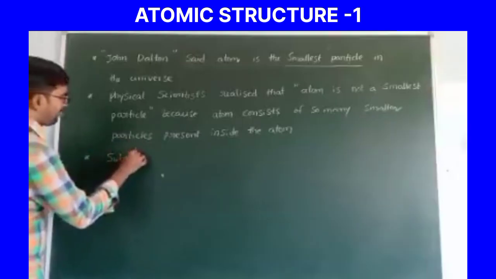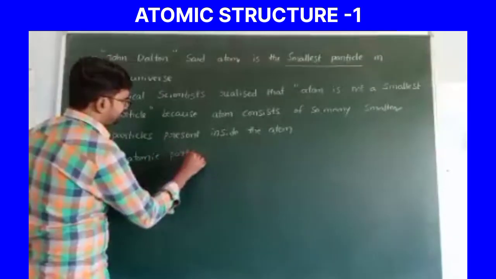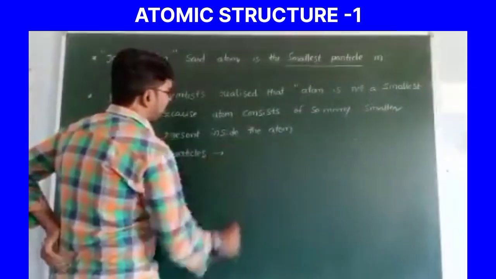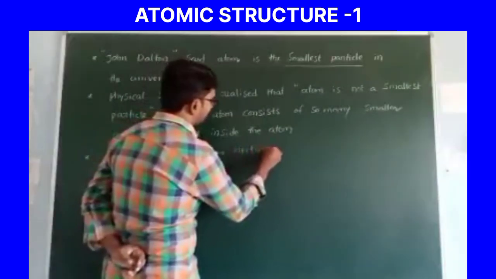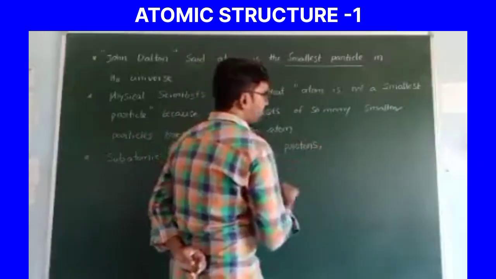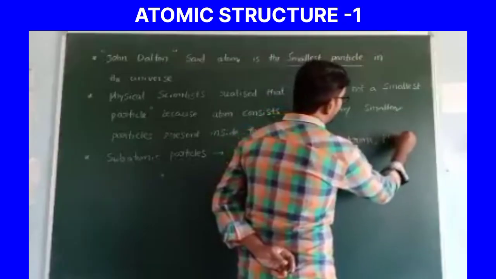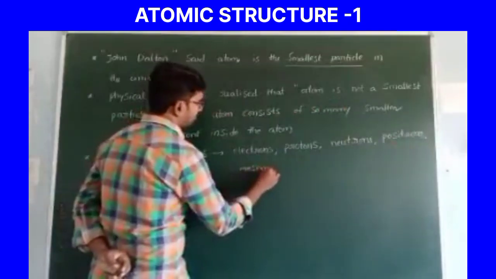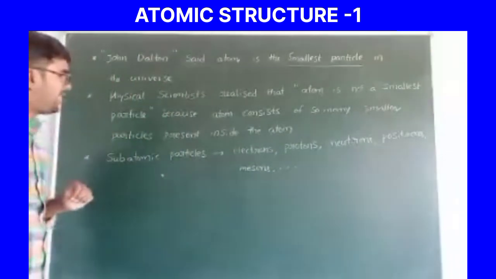What are subatomic particles? Subatomic particles are electrons, protons, neutrons, positrons, mesons, etc. But among those, three are most important.